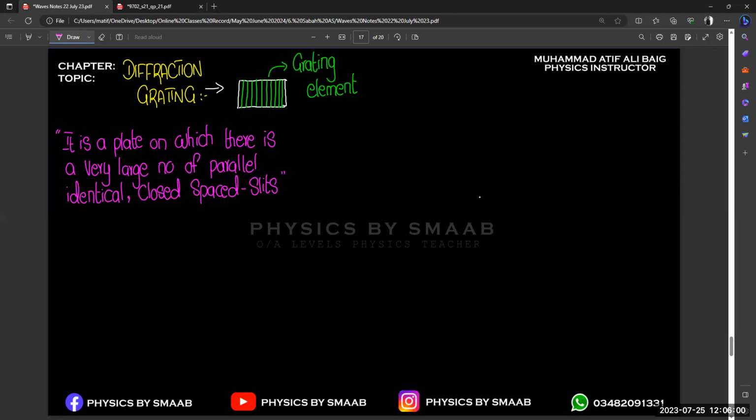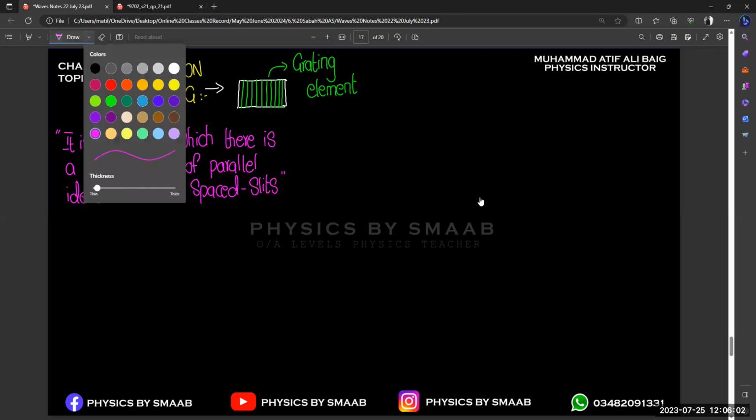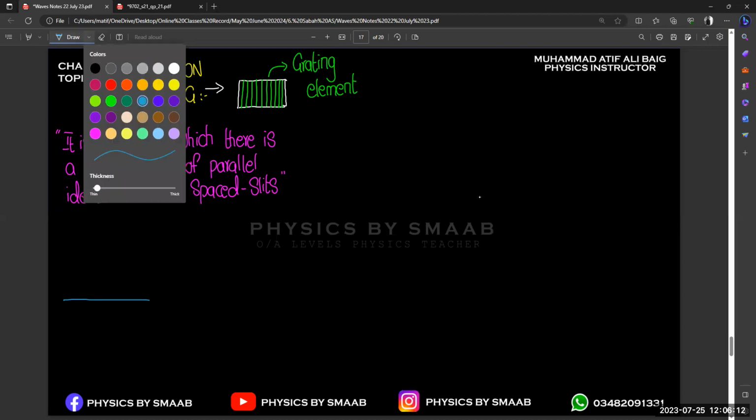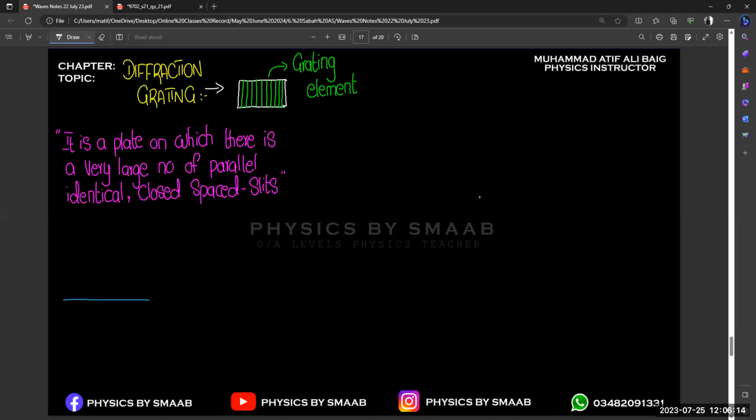Let's suppose a monochromatic light is moving from one end towards the diffraction grating; on the screen we are going to have a pattern like this. Suppose the light is coming from the left-hand side and the grating element is placed over here.